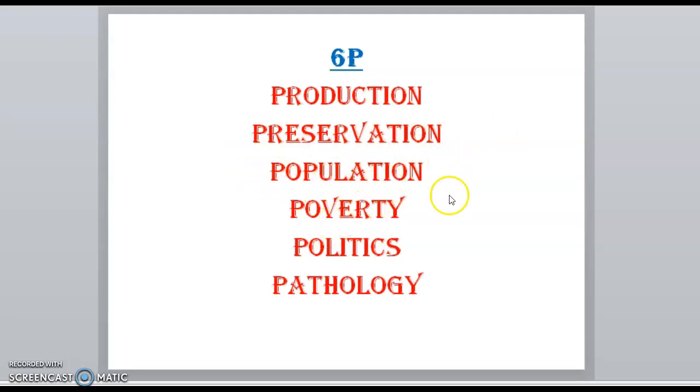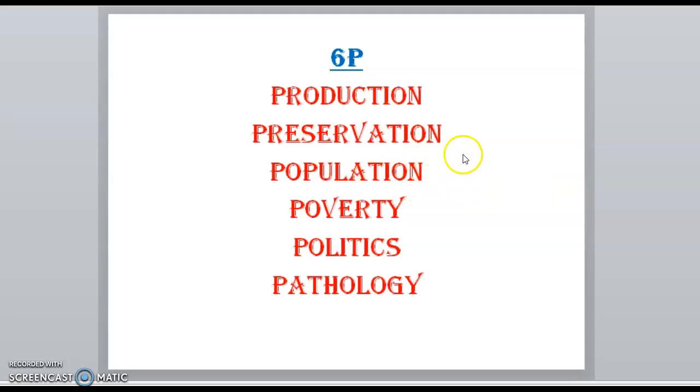Then the next one is population. As you know, if there is more population, then there will be more demand for nutrition. In a family, you can understand that if there are 5 or 6 children, they will need more nutrient. So the parents will be overburdened and maybe will not be able to meet the nutrient requirement of all the children. So in that case, it will lead to malnutrition, right?